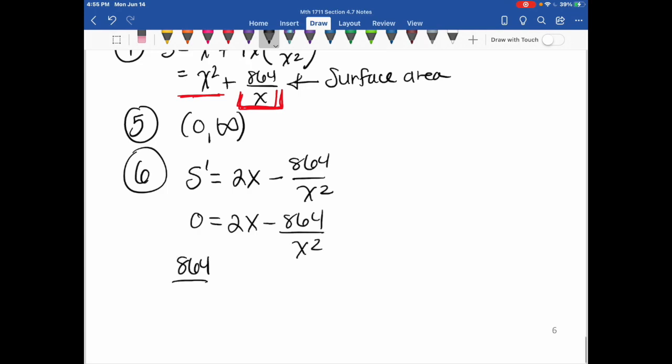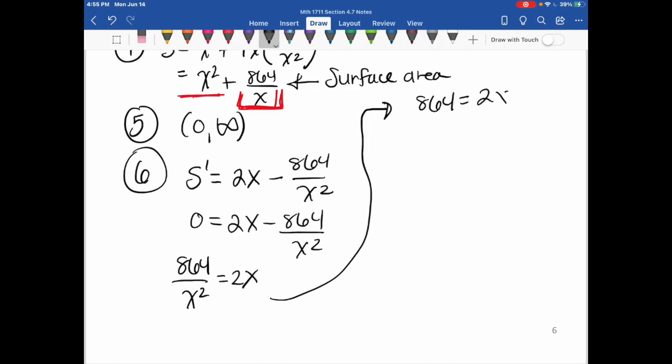Add 864 over x squared to both sides. And then we can multiply both sides by x squared to clear the fraction. So I would get 864 is equal to 2x to the third. I can divide both sides by 2. So I would have x to the third is equal to 432.